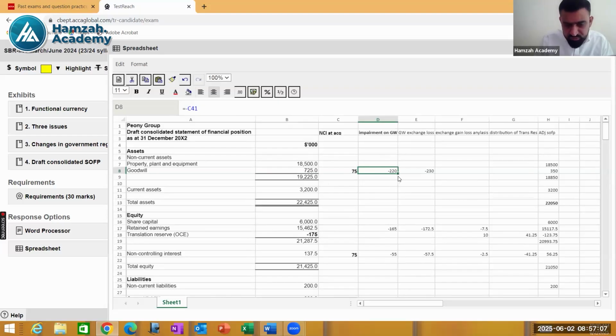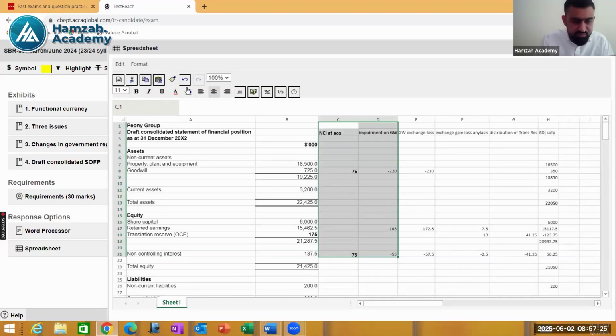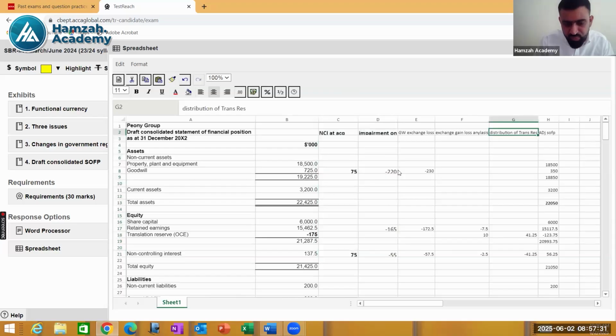You can say goodwill has been decreased. 75% of that impairment is charged against the retained earnings and 25% has been charged against the value of NCI.